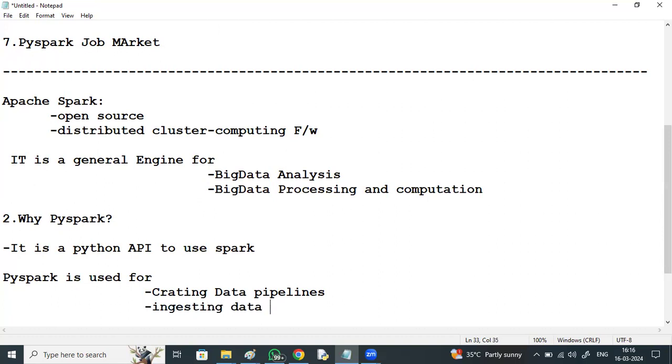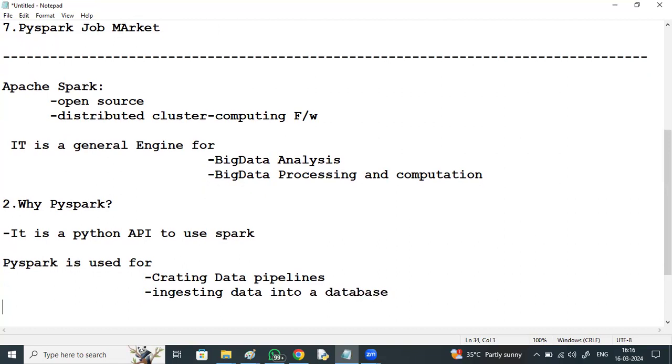Next, ingesting data into a database. PySpark also supports running machine learning algorithms.